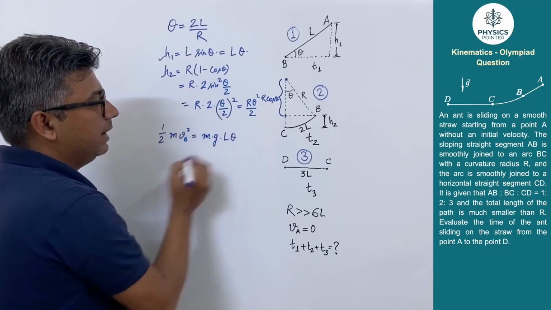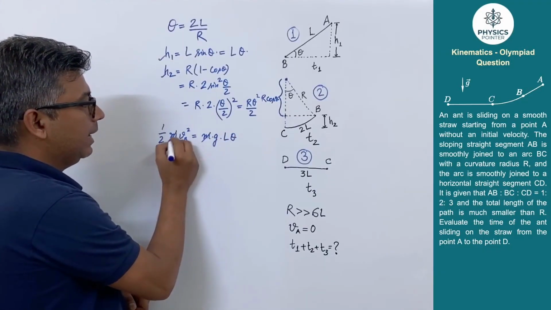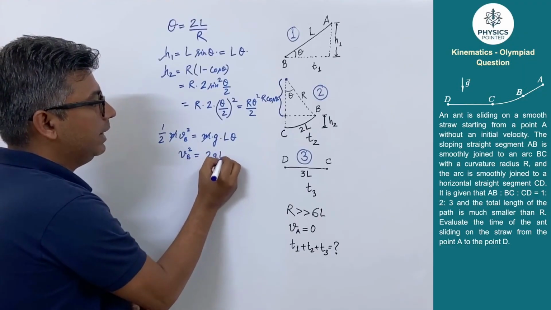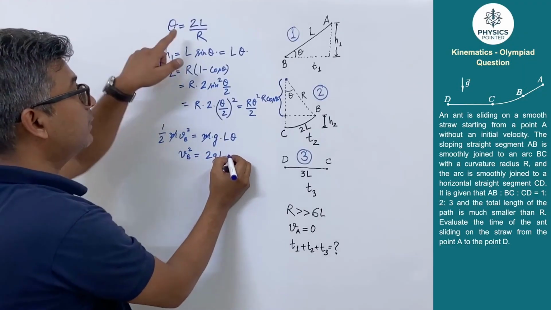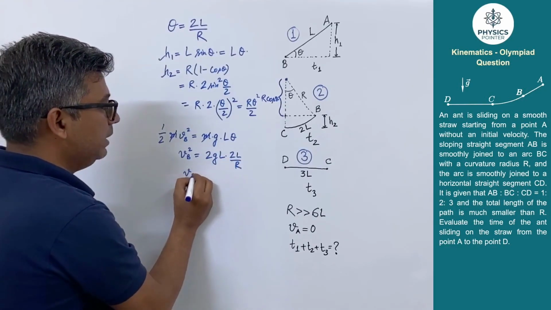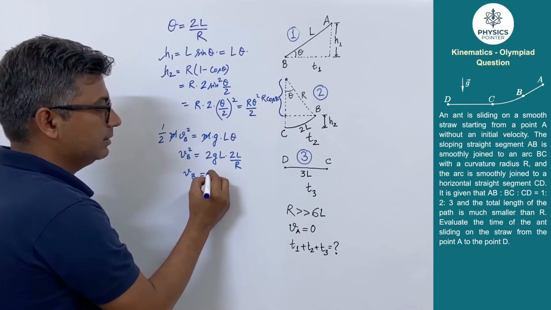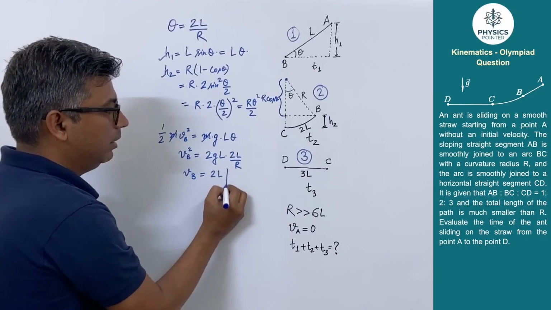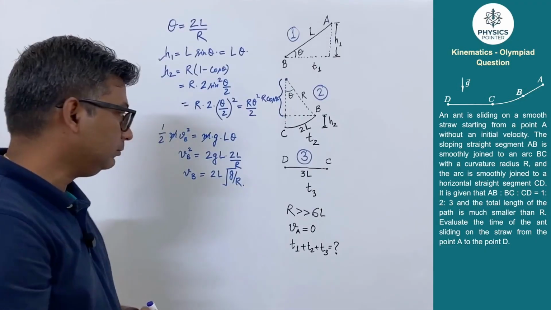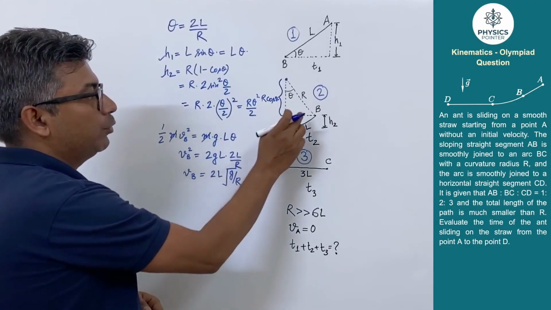So Vb square comes as 2gL times theta. And what is that theta? That theta is 2L by R. So Vb, after all the calculations, is 2L root of g by R. Very good. So we got the velocity at point B.